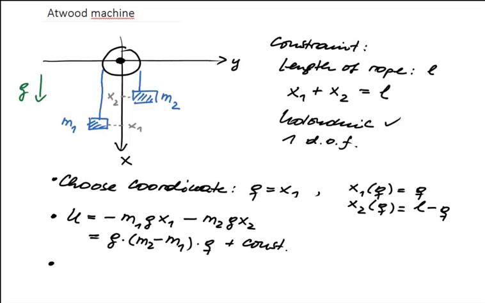Next we look at the kinetic energy. Kinetic energy is the kinetic energy of the first mass, which is m1 half x1 dot squared, plus m2 half times the velocity of the second mass squared.